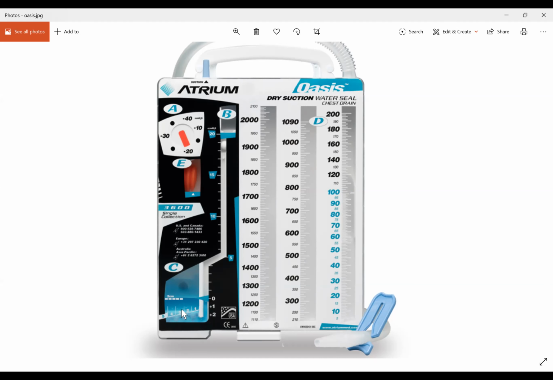The ball will just help you also visualize the movement of the water, because this is supposed to be, remember, attached to the chest tube, right? So imagine the chest tube is in the pleura, between the visceral layer of the pleura and the lung. Every time the lung expands, as the lung pushes against the visceral side of the pleural sac, it will push all the air out.